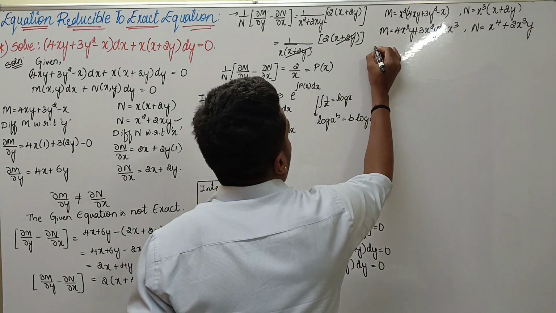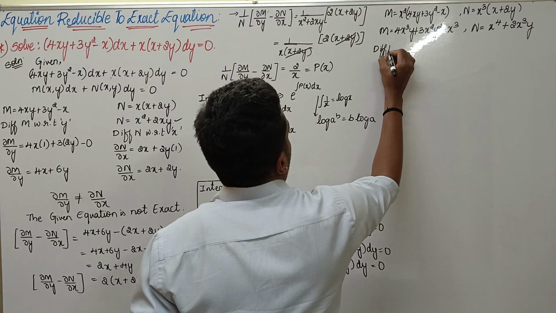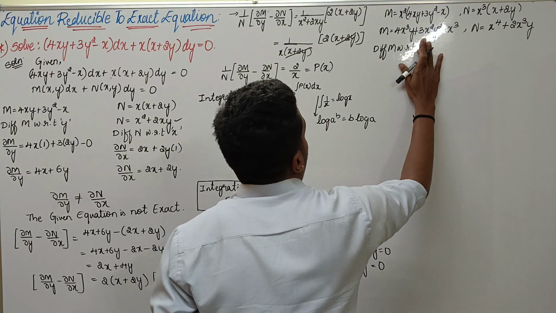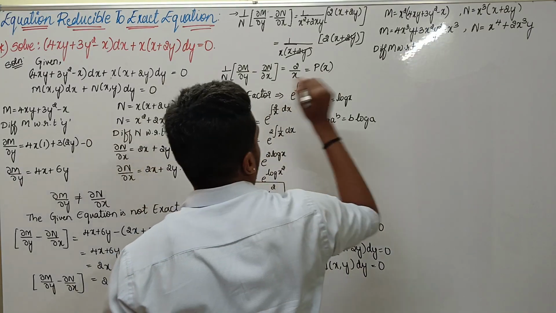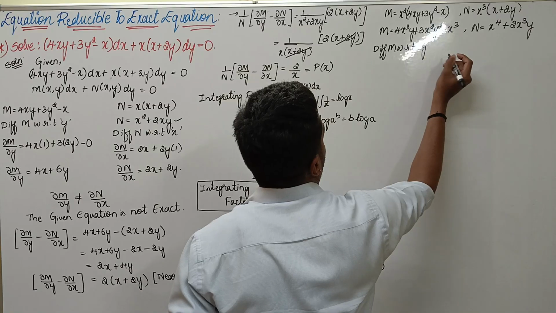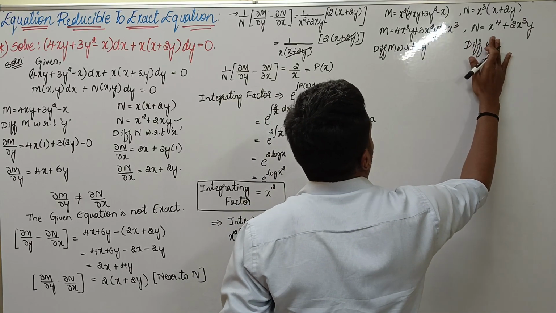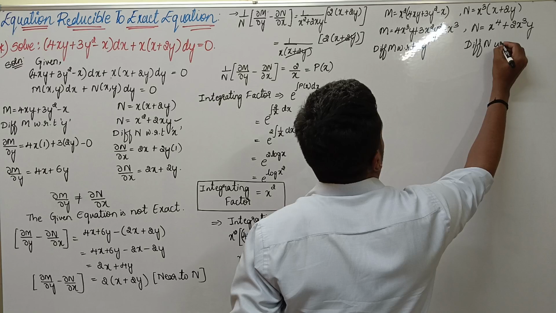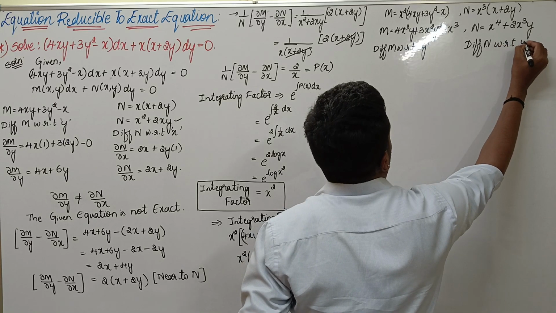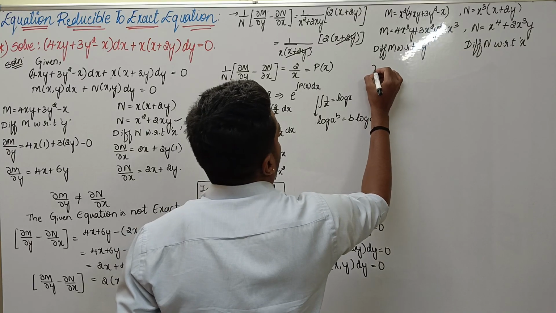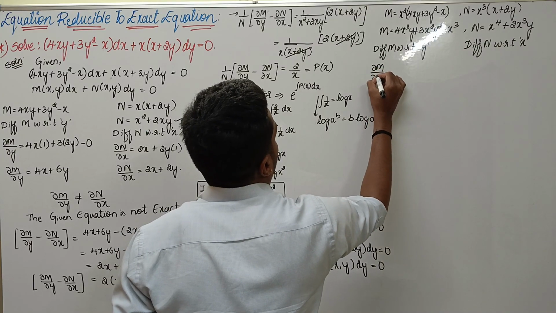Got the point? Now, differentiate m with respect to y, and n should be differentiated with respect to x. Now let us differentiate dou m by dou y.